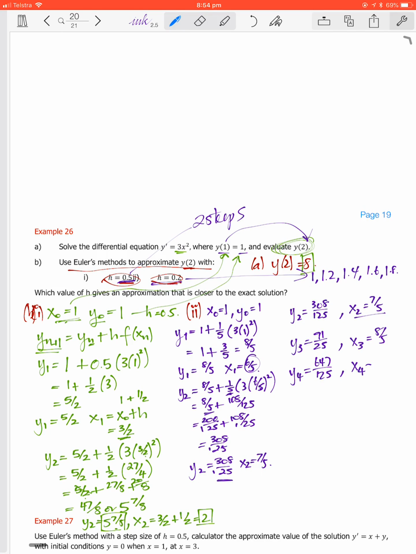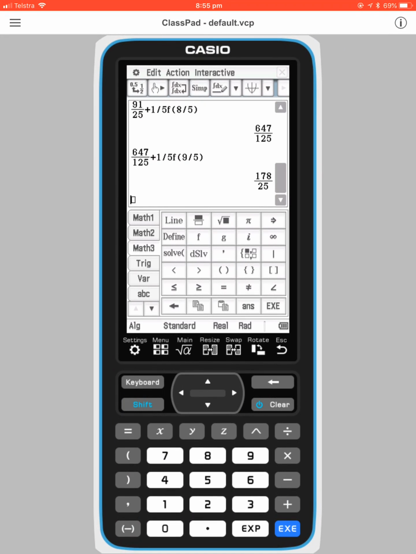We want to find y of 2. And we know that x, in this case now, is equal to 2. So y of 2 is equal to 178 on 25. So here I had 5 and 7/8. That was my first value. So 47 on 8. So that was using 2 steps.